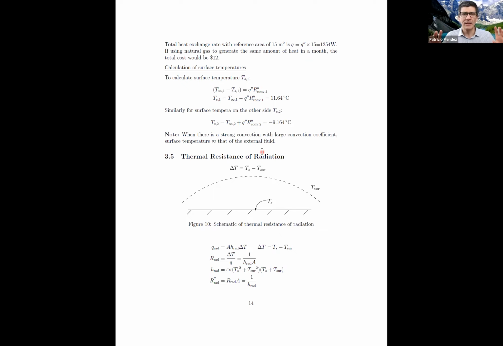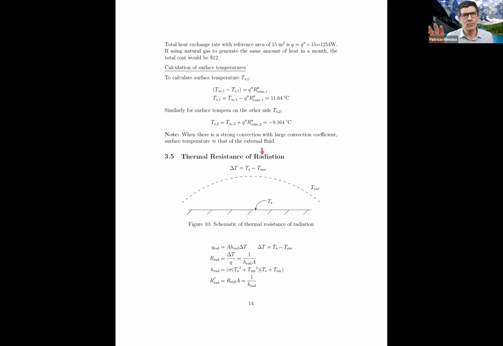However, we had said that there is a radiation equivalent convection coefficient that is not for convection, right? It's for radiation, but it looks like convection. And we know how to calculate this coefficient. This coefficient, which we know is not constant, to some extent doesn't vary so much in many cases.